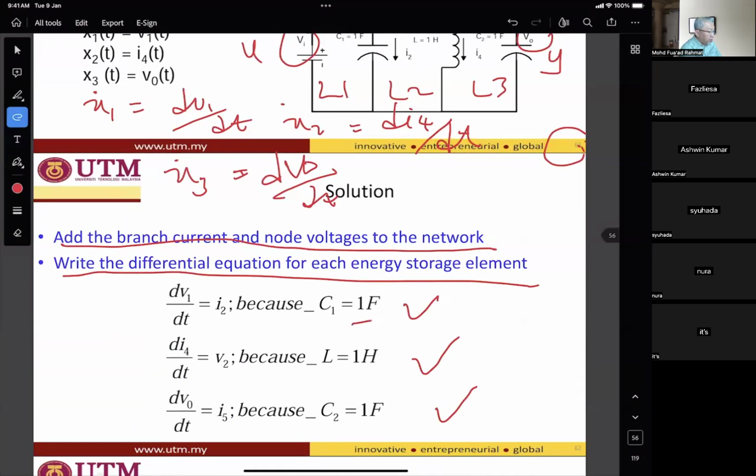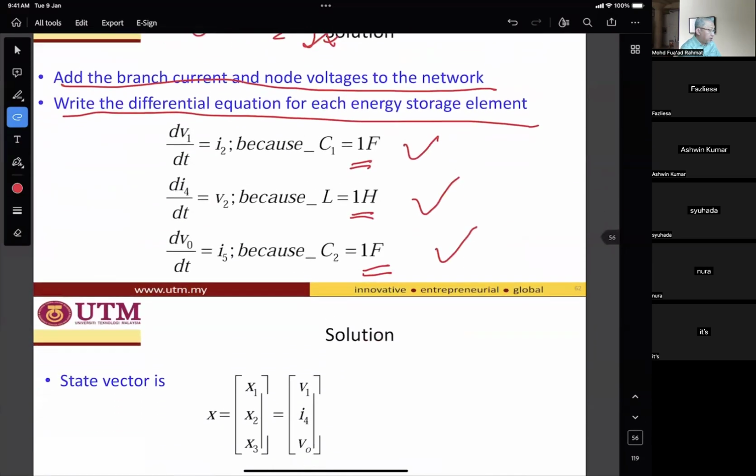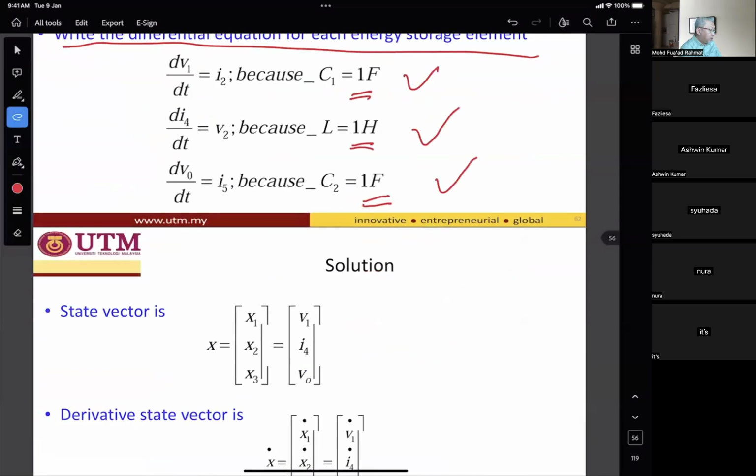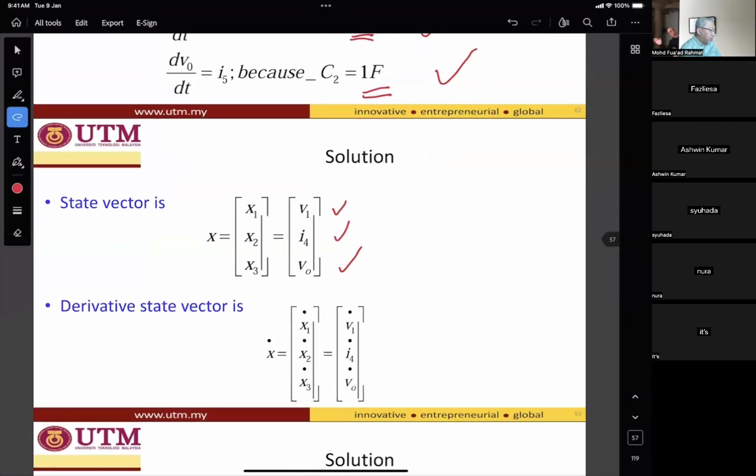The calculation becomes easy because all components C1, C2, and L are equal to 1. So the state vector has three state variables, X1, X2, and X3, and the derivative state vector is X1 dot (V1 dot), X2 dot (I4 dot), and X3 dot (V0 dot).